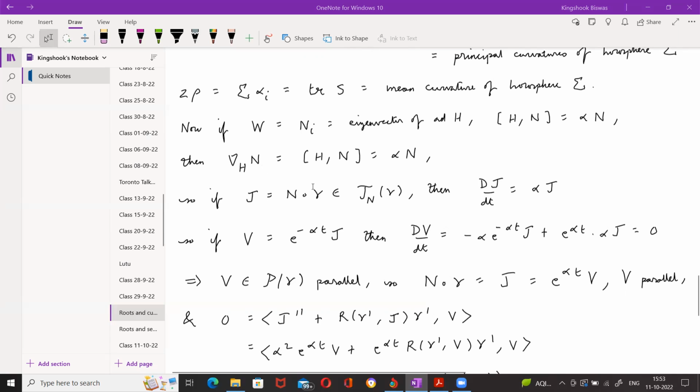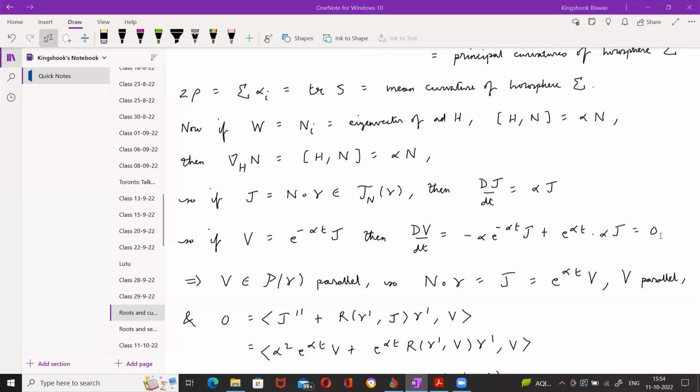So I get that DJ/dt is equal to alpha J. This means that if I put V to be e^(-alpha t) J, then V will become parallel. Because dV/dt by the product rule is -alpha e^(-alpha t) J plus e^(-alpha t) dJ/dt. But dJ/dt is alpha J, so these two terms cancel and I get 0. So V is parallel along gamma.